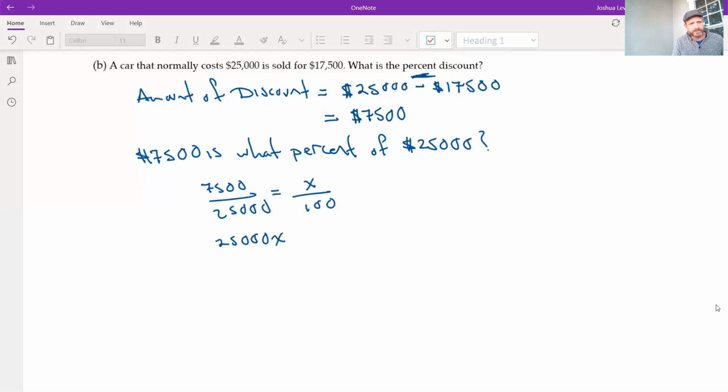Cross multiply. And then we're going to divide. We're going to get 30. So the percent discount, 30%. Okay?